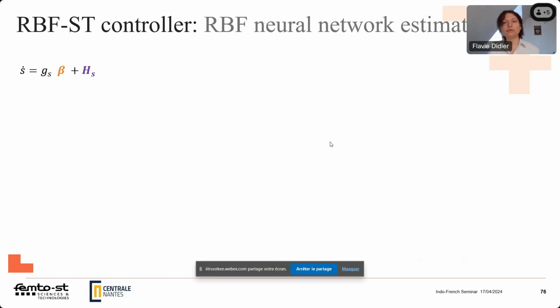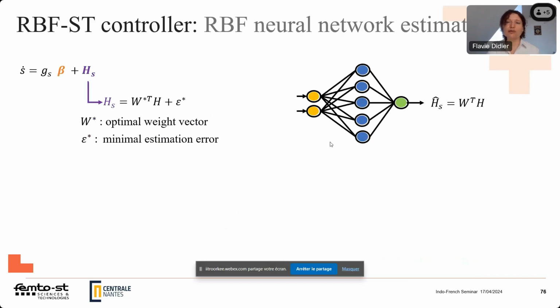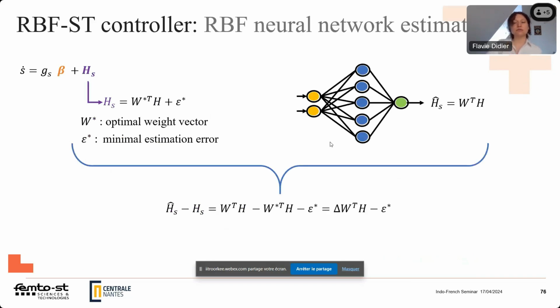Then for the RBF neural network estimator, we have the exact expression of HS given here. So W star is the optimal weight vector and epsilon star is the minimal estimation error. And we have the estimation of the lumped disturbances. So taking the differences, we can have the neural network estimator of the error estimation for the neural network with the controller here.